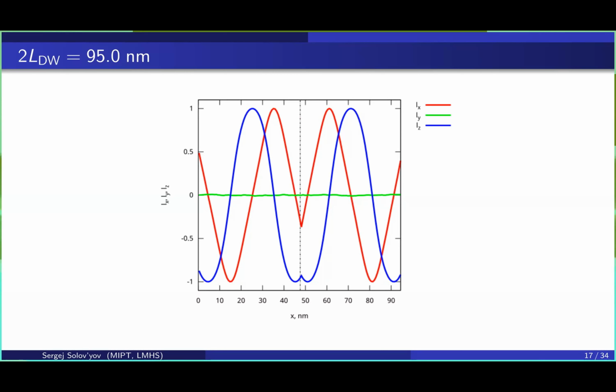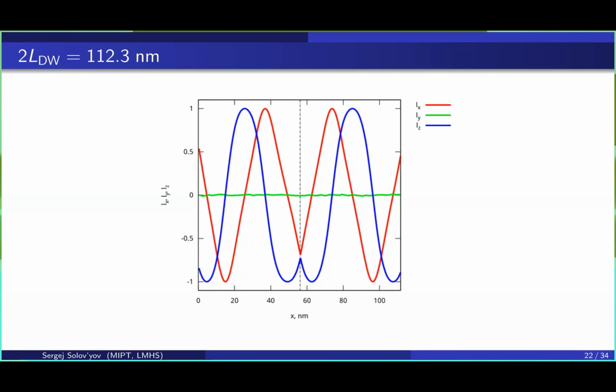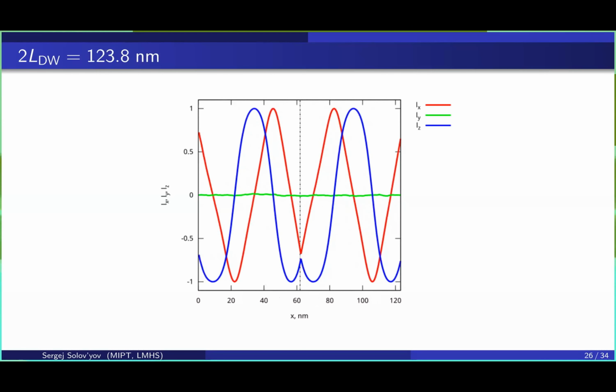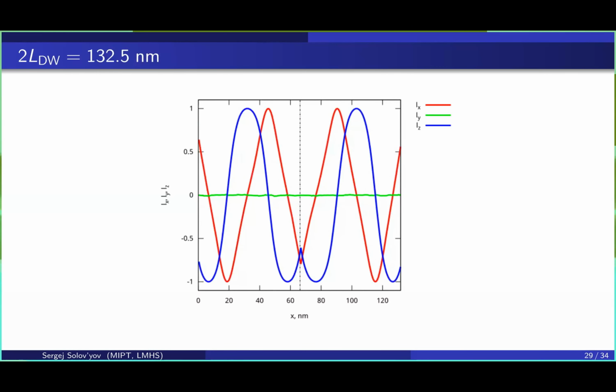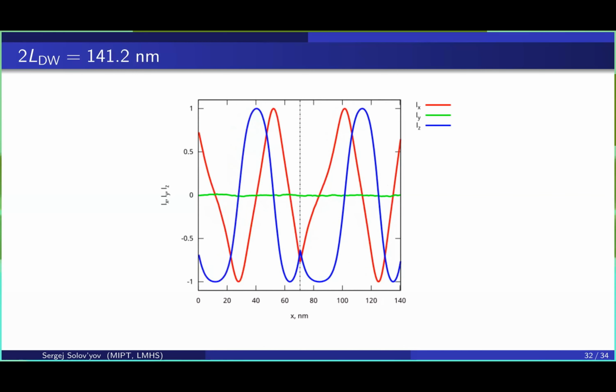And when we further increase the length of our structure, we can see other abrupt changes of the structure inside the ferroelectric domains.